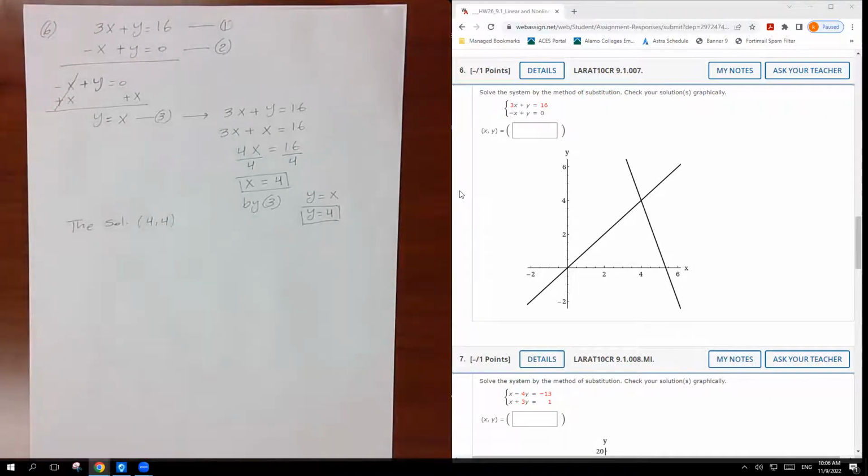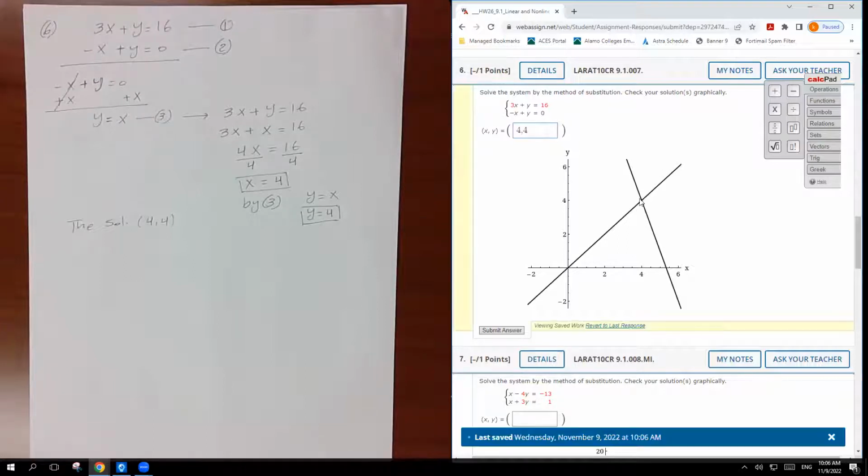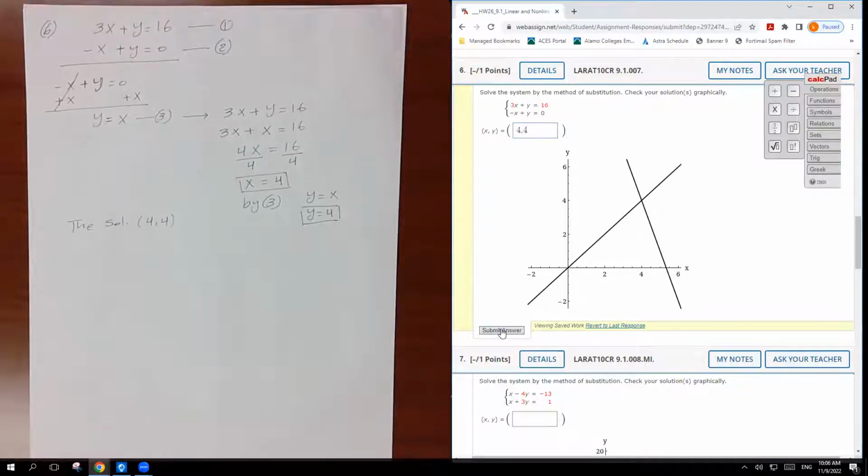Let's check here. I'm going to type 4, 4. If you look at the graph, the intersection point between these two lines has x equal to 4 and y also 4. So the point 4, 4 is the solution for example 6.